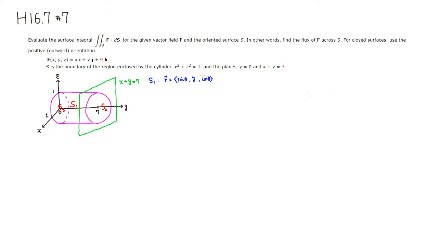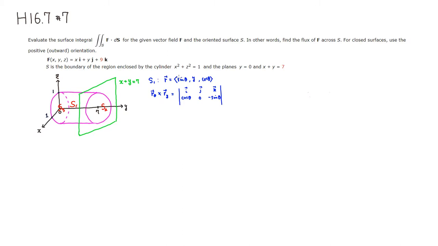Now we can take the partial of r with respect to theta, cross product with the partial of vector r with respect to y. We have vectors i, j, and k. The partial with respect to theta is cosine of theta, 0, negative sine of theta.